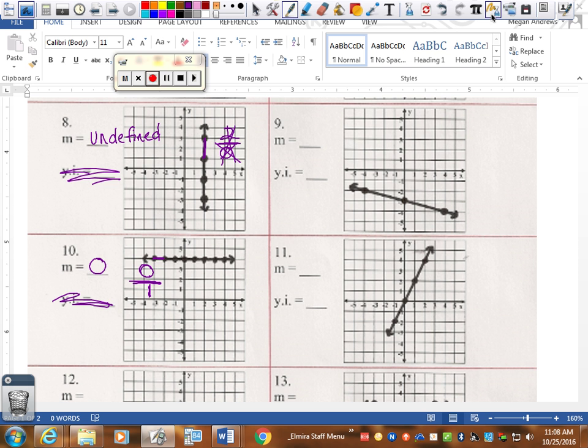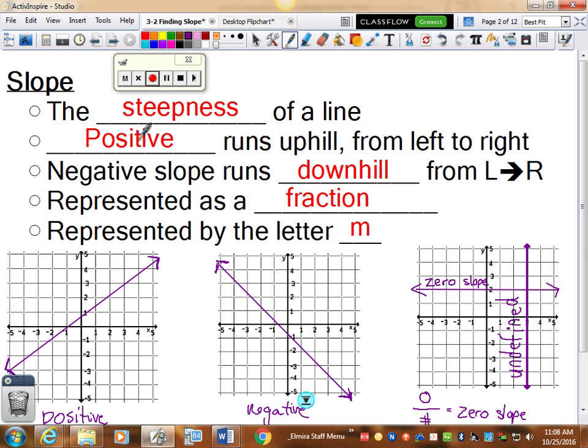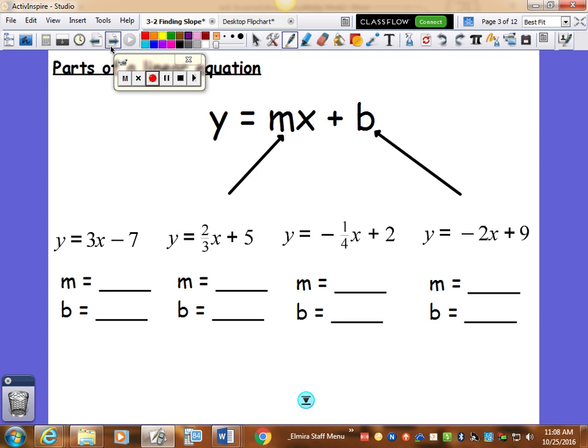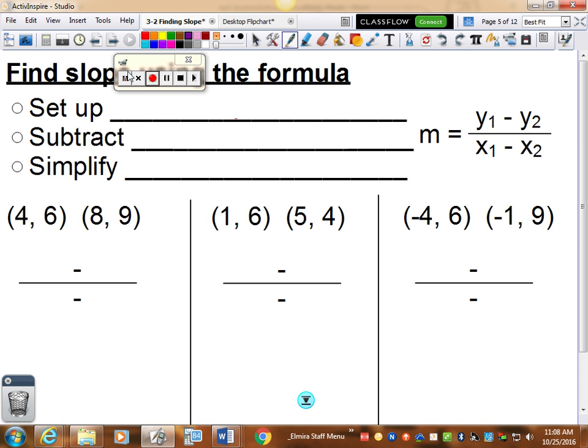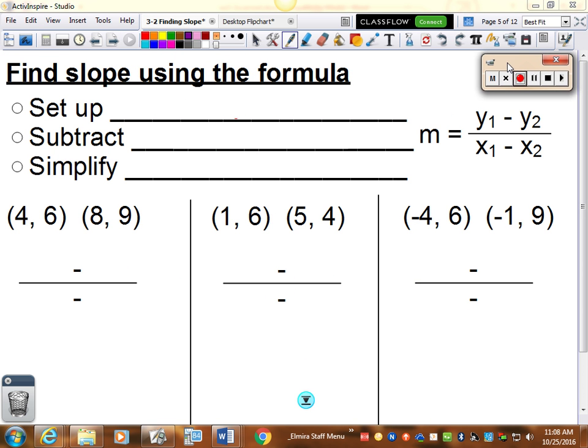Okay, let's go back to our notes. All right, so the picture, you may not always have a picture to work from to do rise over run. So there's slope formula. Okay, slope formula, a formula is like a math recipe. If you don't follow it precisely, if you don't follow it correctly, you will not get the right answer.